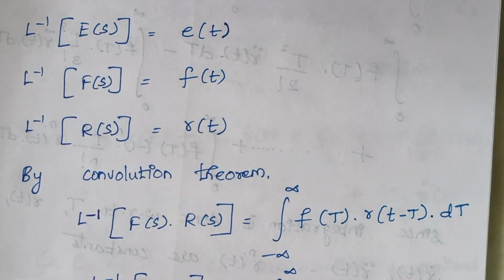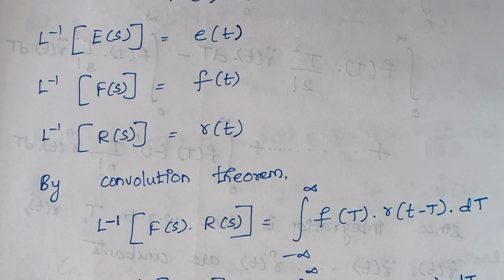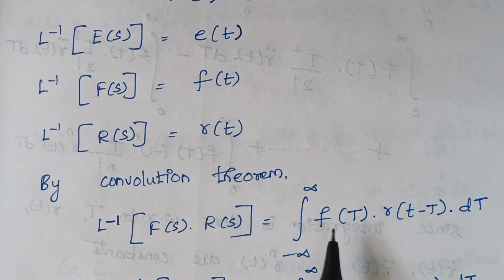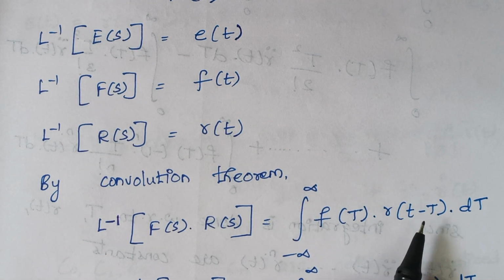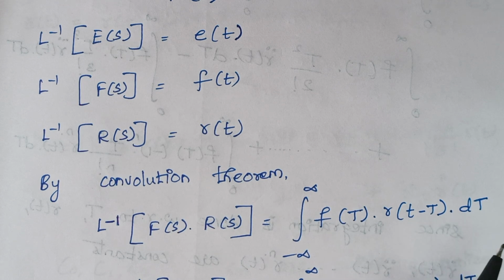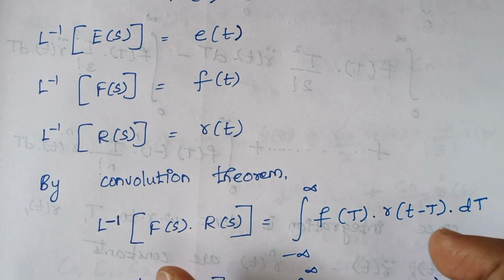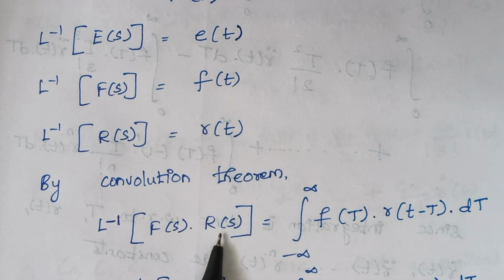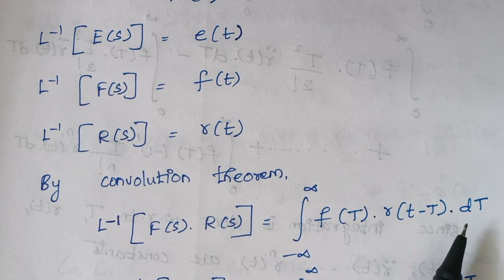That is, by convolution theorem, inverse Laplace of F of s into R of s can be written as the integral from minus infinity to plus infinity of f of t into r of t minus T into dT, right? This is the convolution theorem. By convolution theorem, we can write F of s into R of s like this, right?